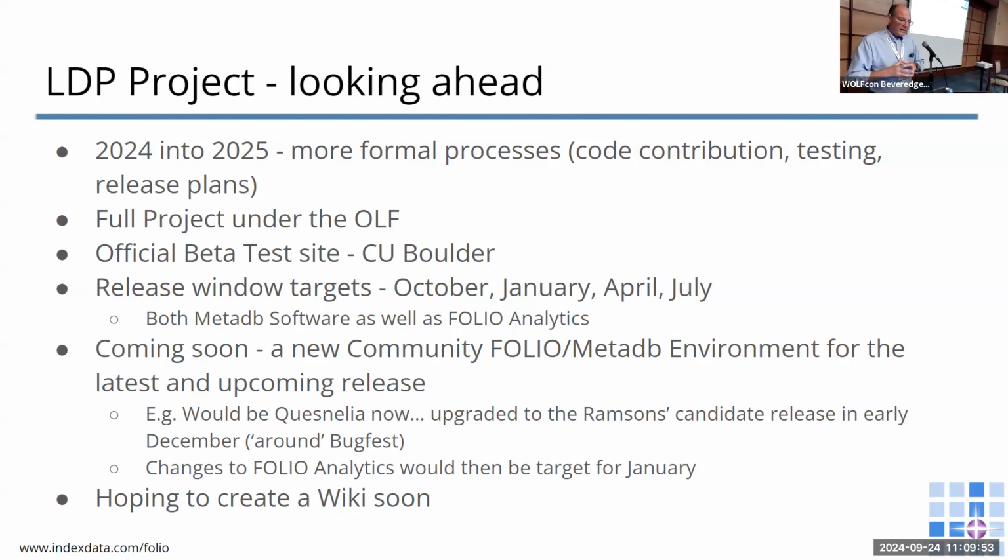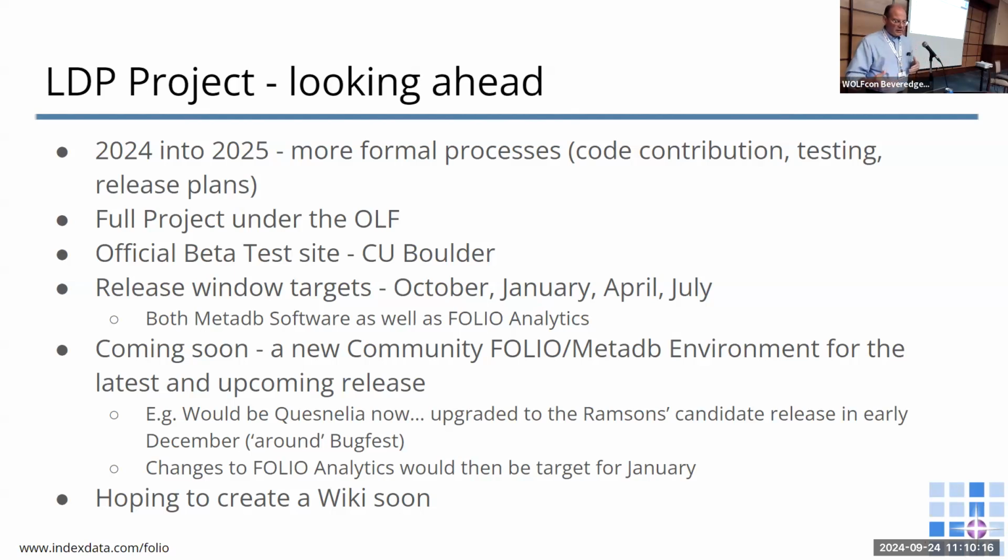We've identified what we're calling an official beta partner, CU Boulder, University of Colorado Boulder. And so the idea there is to have a first sort of burn-in site where we can deploy new software, make sure that they put it through its paces before it's available for a more broad general distribution.